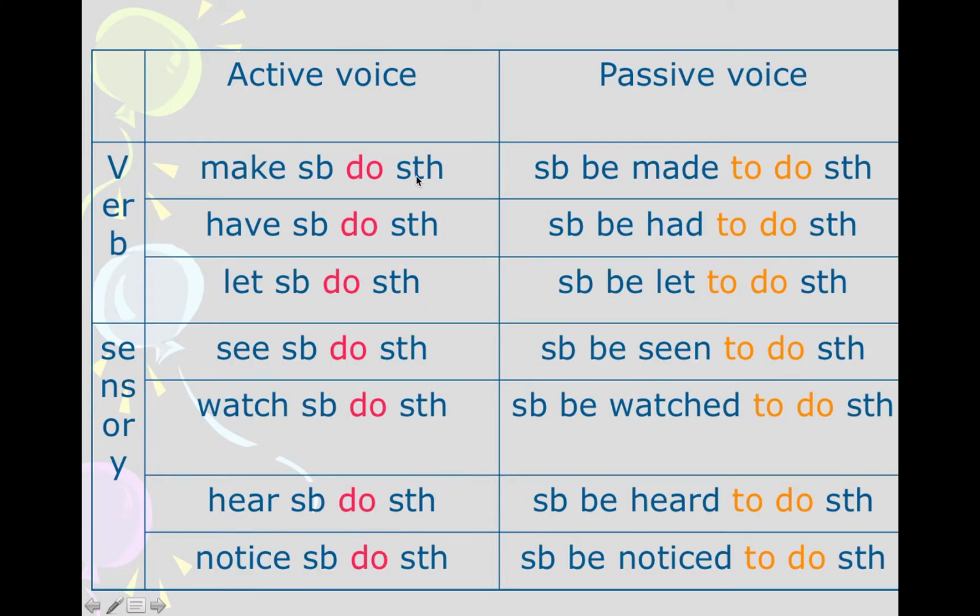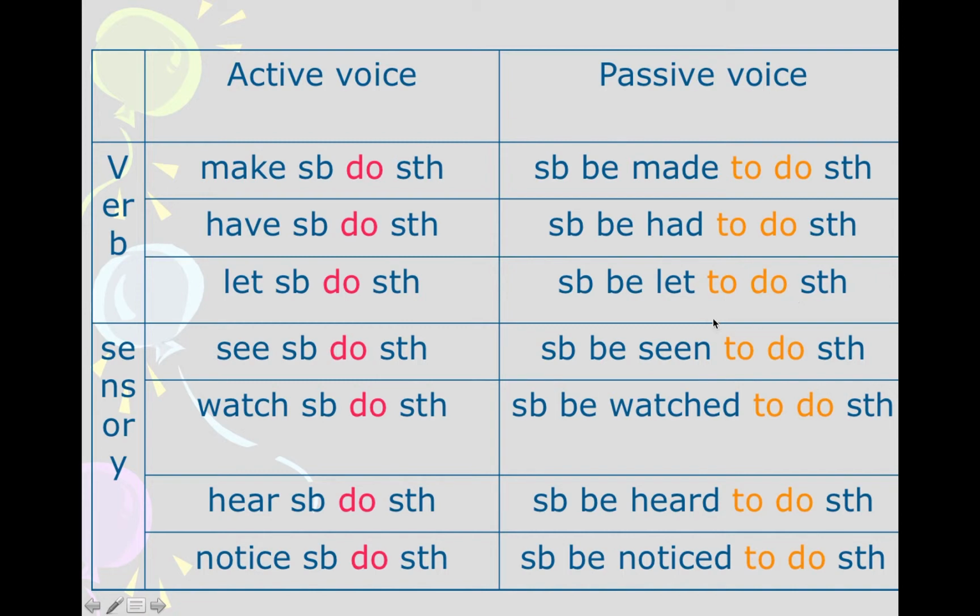Okay, here's the little table. You can see this is a verb, and these are synonyms. In the active voice, we make somebody do something. Here in the passive voice, somebody is made to do something, and then have somebody do something, somebody had to do something.